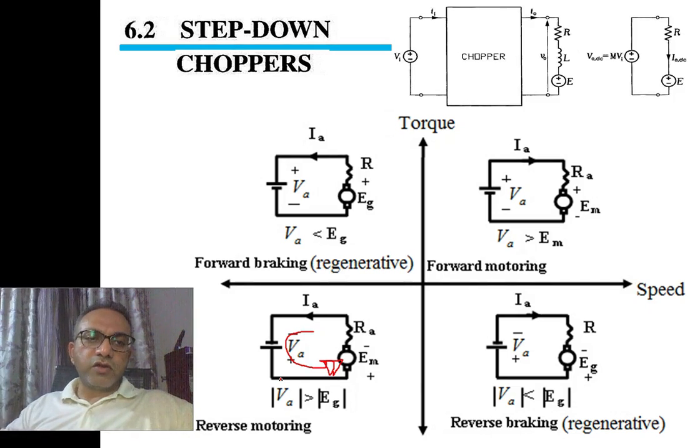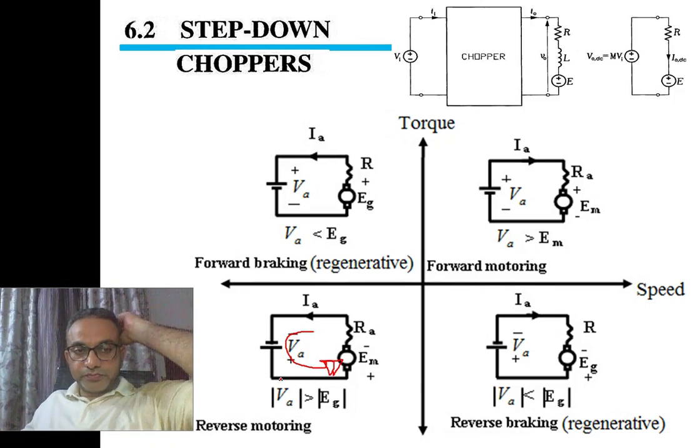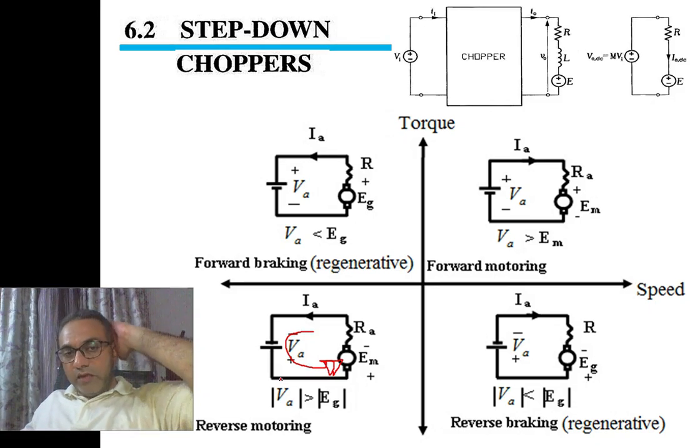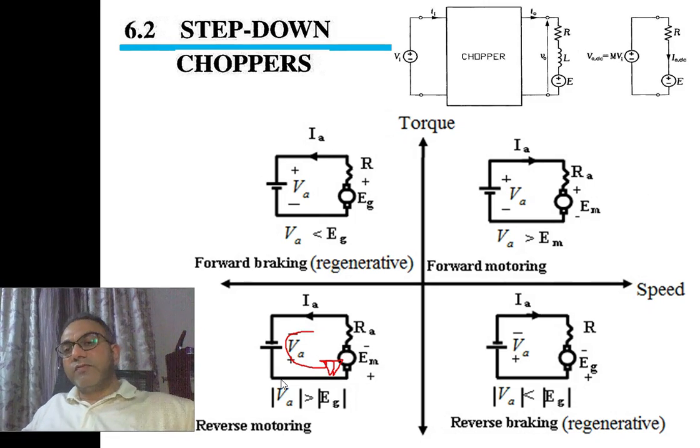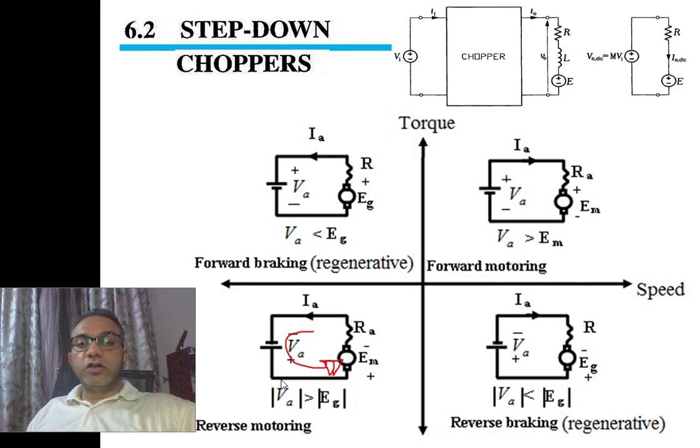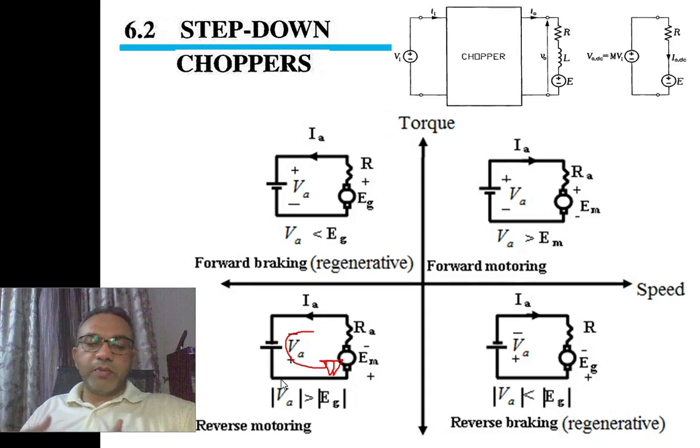The motor is acting like a normal motor. Now, if we want to reduce the motor speed, then we have to make the voltage of the source less than the back EMF.